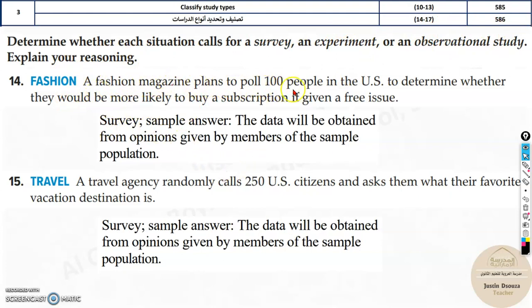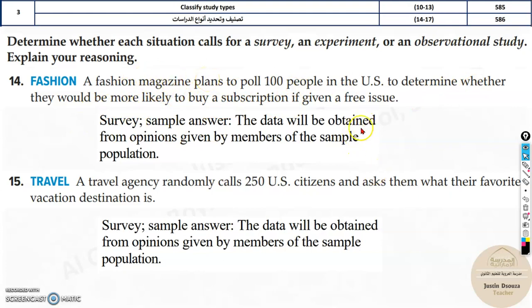A fashion magazine polls 100 top people of the US to determine whether they are more likely to buy a subscription if given a free issue. Randomly 100 people are selected for this. Now this is a survey. Why?